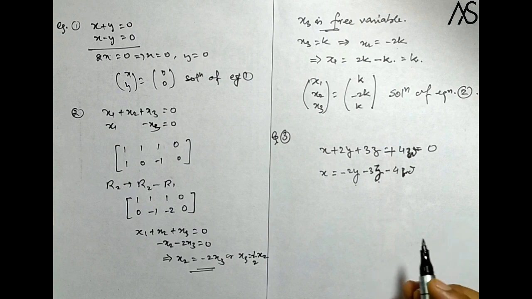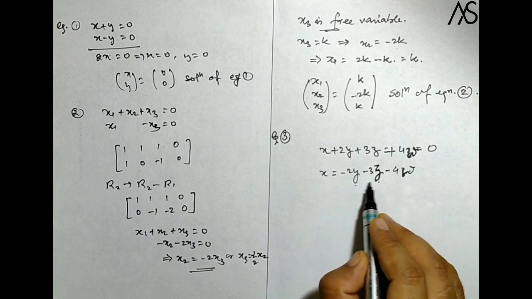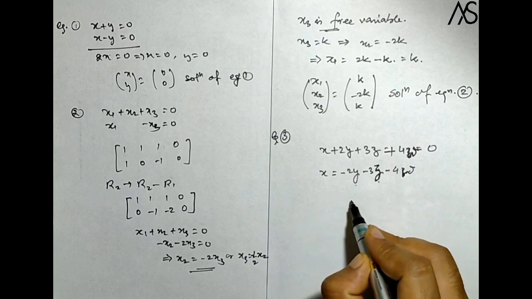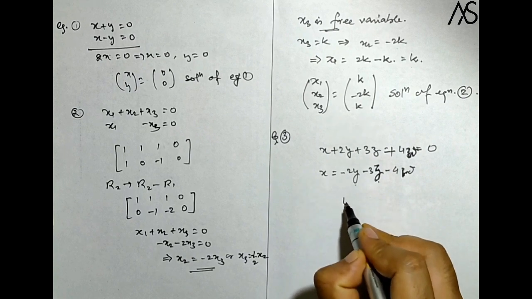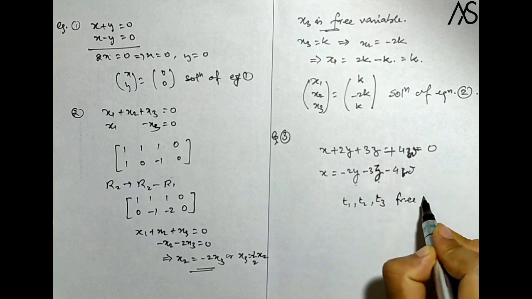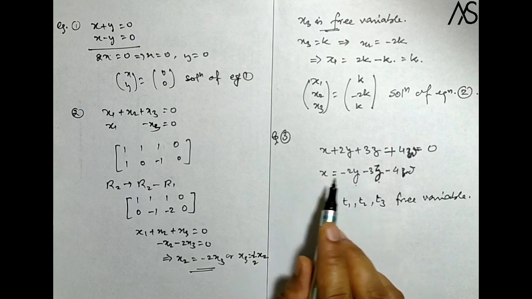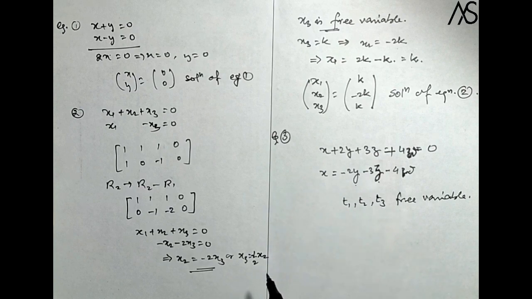So we can see here y, z, w are free variables. So it has three free variables, t1, t2, t3, and x is depending on t1, t2, t3.